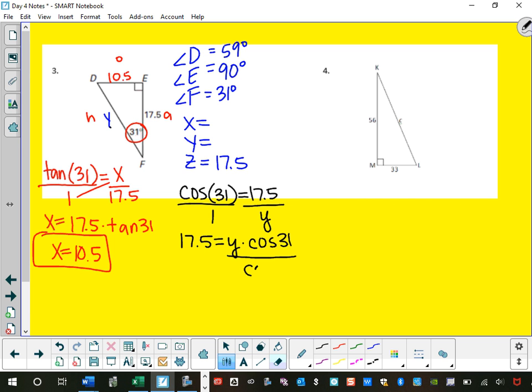Divide by cosine of 31. Good. We're solving just like we would if it was X. So I'm left with Y is equal to 17.5 divided by cosine of 31.